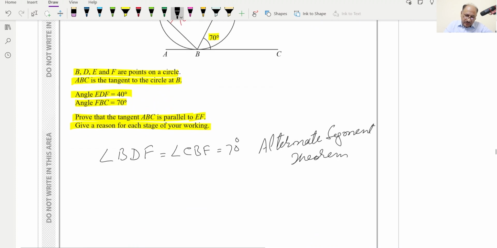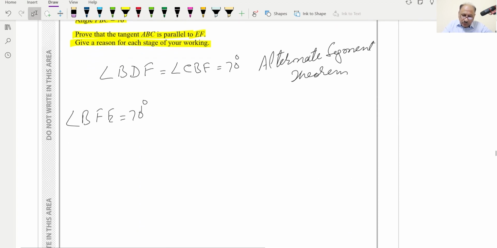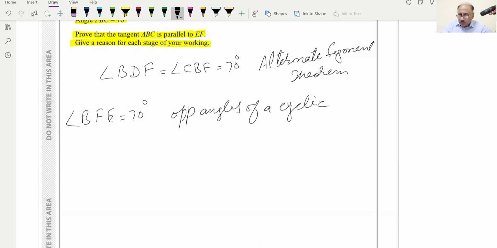So I will write angle BFE is equal to 70 degrees, and the reason will be opposite angles of a cyclic quadrilateral add up to 180 degrees.